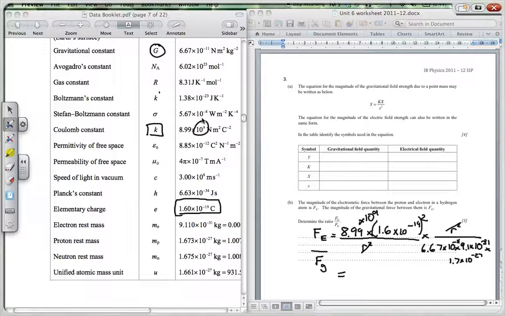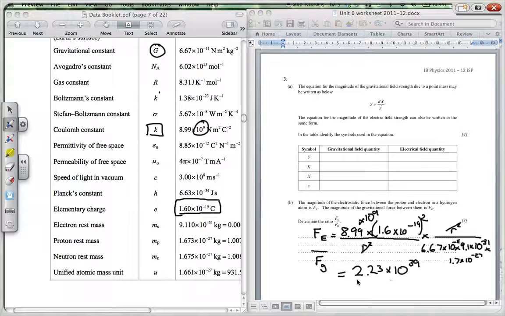Now I really need to put the whole thing in divided by, and I'm going to put this into brackets: 6.67 exponent negative 11 times 9.1 exponent negative 31 times 1.7 exponent negative 27, close brackets, enter, and I get something like 2.23 times 10 to the 39.